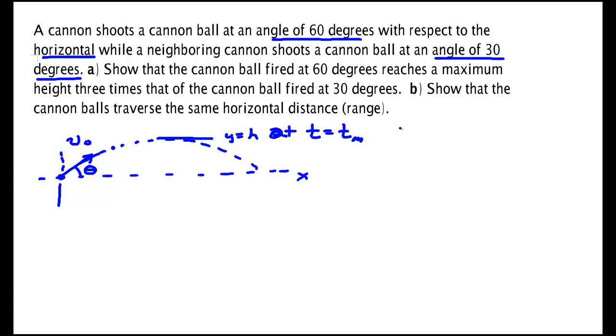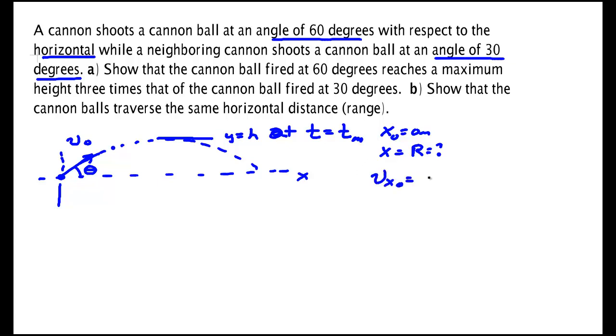And so I'm going to write some things that I know down. x0 is 0 meters in my problem. X I'm going to call equal to r, the range, and I don't know what that is in the long term. But mostly what I'm interested in this problem is knowing about Vx0 and Vy0.